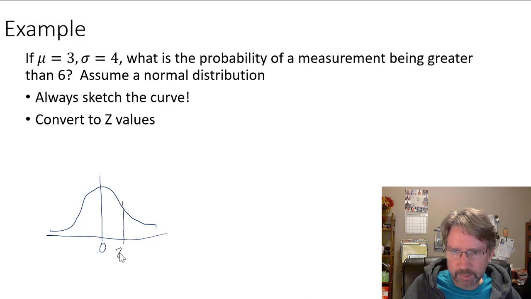And that's going to be z equals (6 minus 3) divided by 4, so 3/4, so z of 0.75. That's our x of 6 value. And for the greater than 6, it's the area between 6 and infinity. So the probability of a value being over here between 6 and infinity, that's the area that we need.